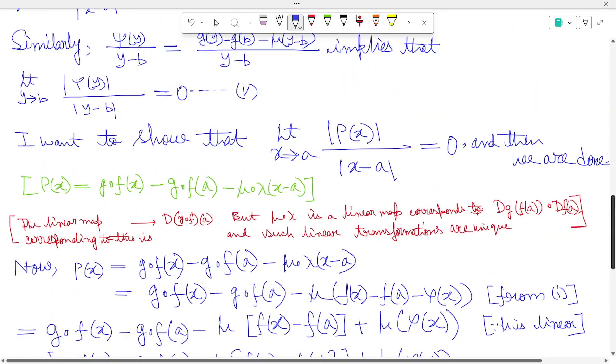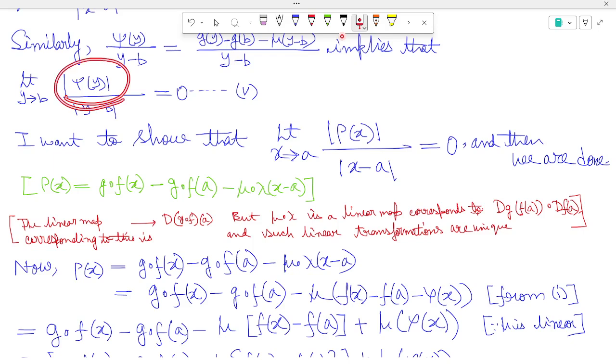But we have one thing here. What do we have? We have this thing, psi of y. So this is a limit statement.